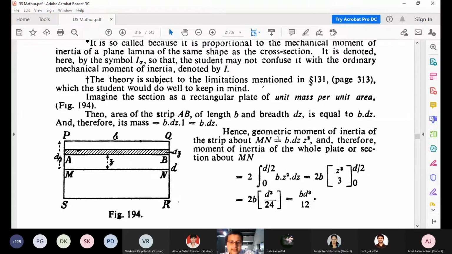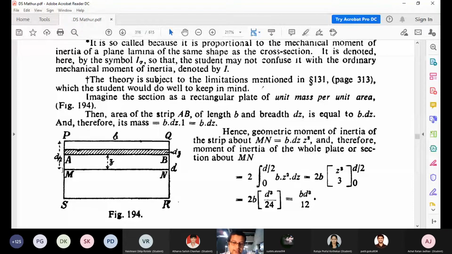Hence the geometrical moment of inertia of the strip about this Mn will be how much? That much mass it has, b dz, into the square of the distance from the neutral surface or neutral filament positioned at Mn.